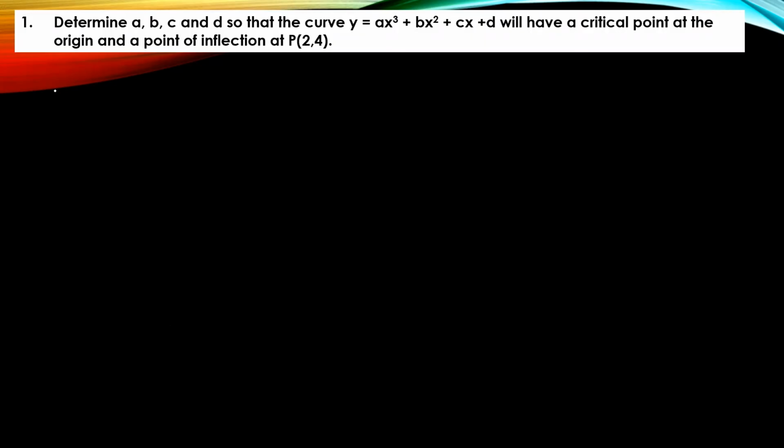So you're given the equation y is equal to ax cubed plus bx squared plus cx plus d. It has CP at 0, 0 and point of inflection at 2, 4.